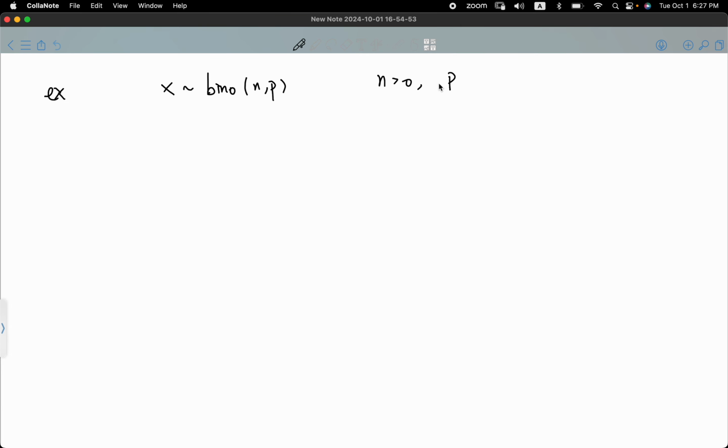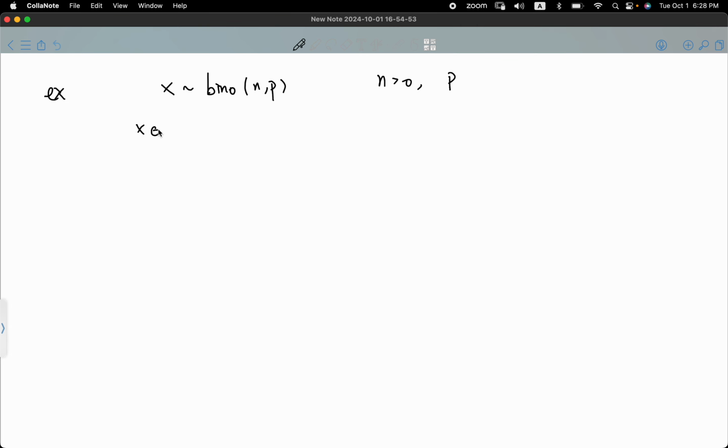Maybe let me take one step back. What is the support for x here for a binomial distribution? Oh, just the value that x can take. That's the meaning of support.